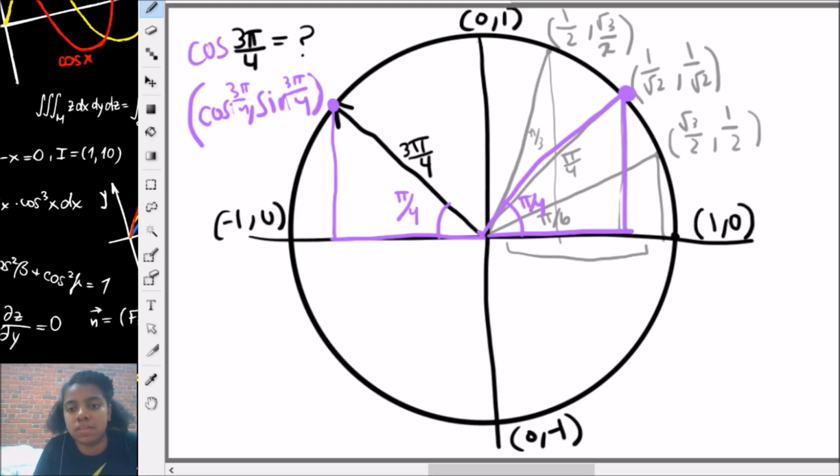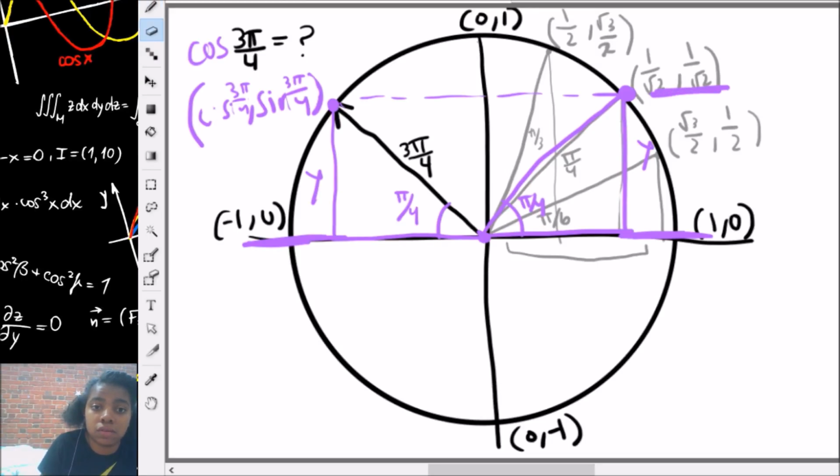The only difference is, while this is on the positive x, this one is on the negative x. The y's are both on positive y, so nothing changes with that. So this point right here is just the negative x from this point over here. So cosine 3 pi over 4, sine 3 pi over 4 is just negative 1 over root 2, 1 over root 2.